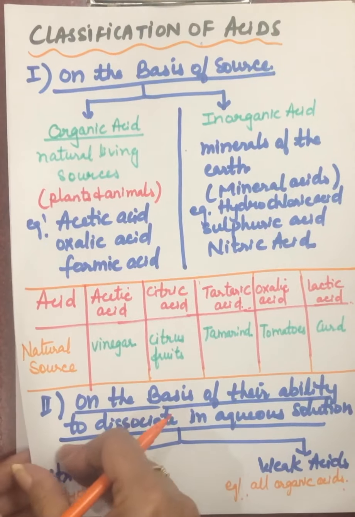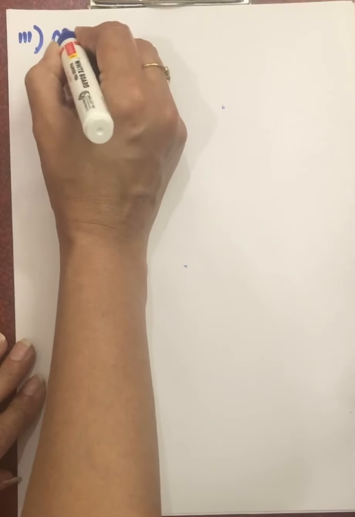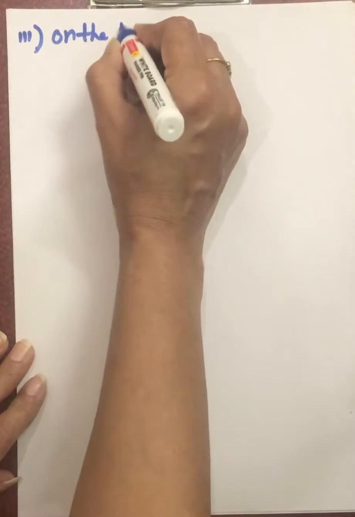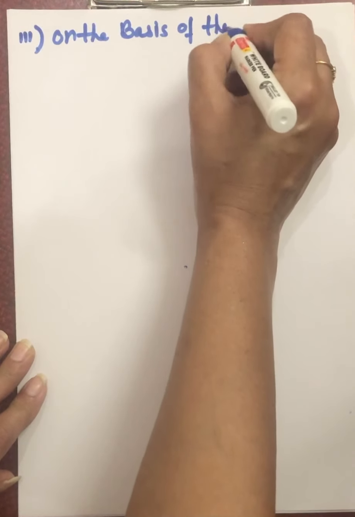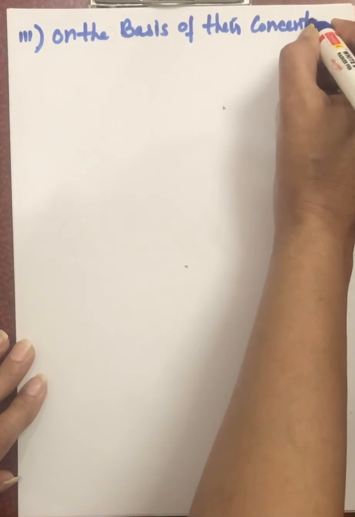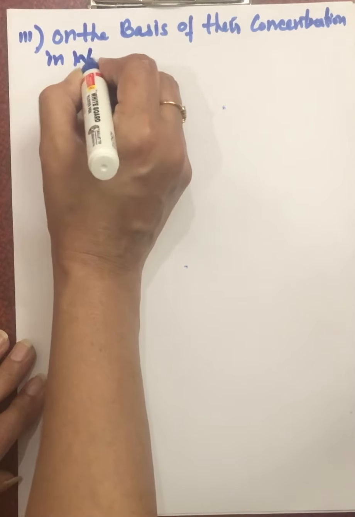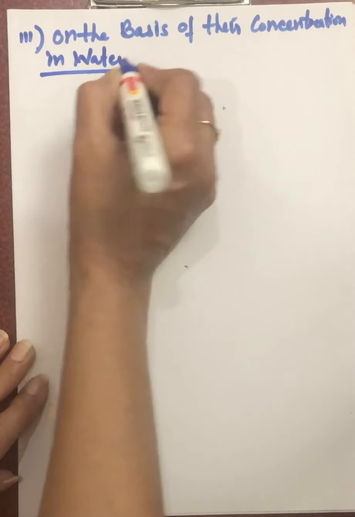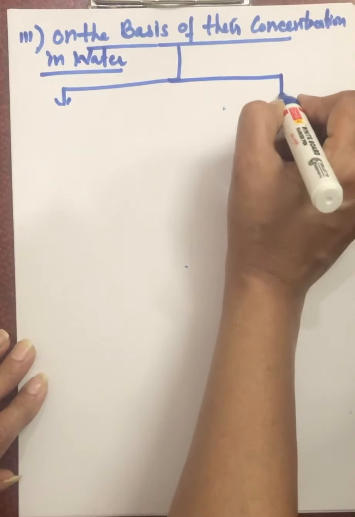Now, third classification of acids. On the basis of their concentration in water, these are divided into two types.